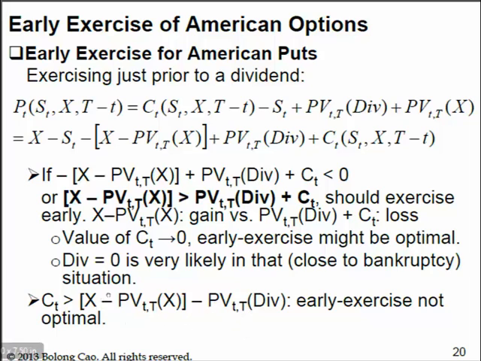So when the interest rate is close to zero, you don't get much from the time value of money, but the dividend on the underlying is quite significant. By keeping the underlying longer in your hand, you can receive money. In other words, the stock price is pretty high, and that makes the call option quite valuable.